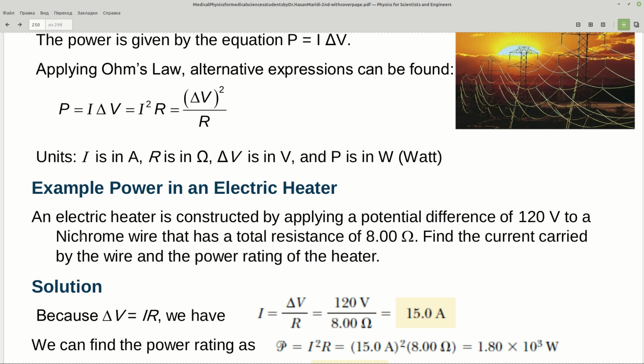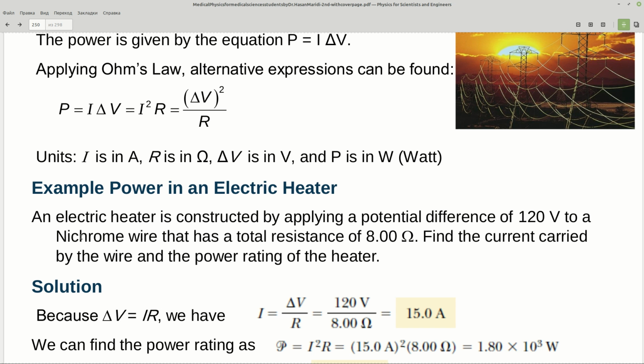Delta V, your potential difference in the American electrical system, will be 120 volts. It's in the numerator, and the resistance of the nichrome wire, 8 ohm, will be in the denominator, and it will be equal to 15 ampere.